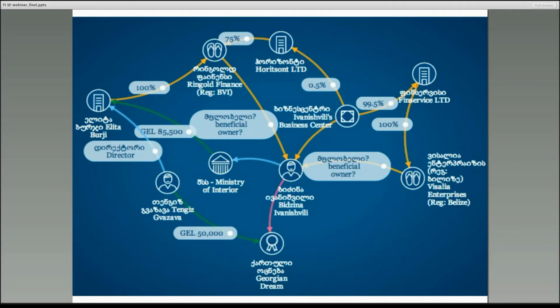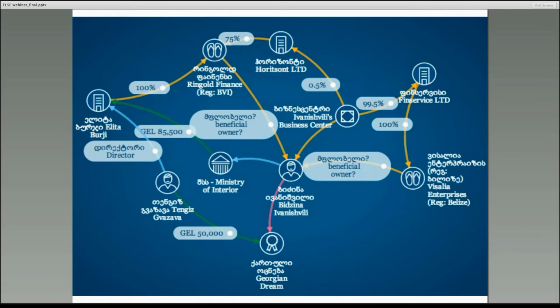In order to track down who owns that shell entity, we looked at what other companies Ringgold Finance owns in Georgia, and we found it owns Horizont Ltd. And this Horizont Ltd., in the land registry in Georgia, we found owns a piece of land where the Prime Minister's private residence was located in Tbilisi.